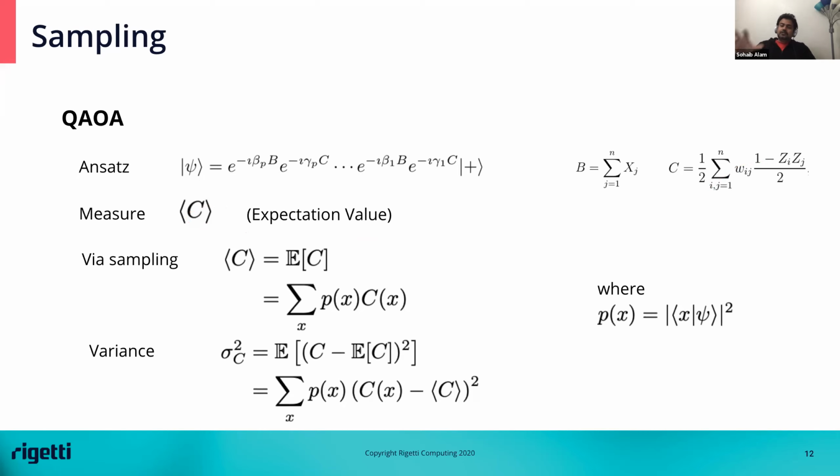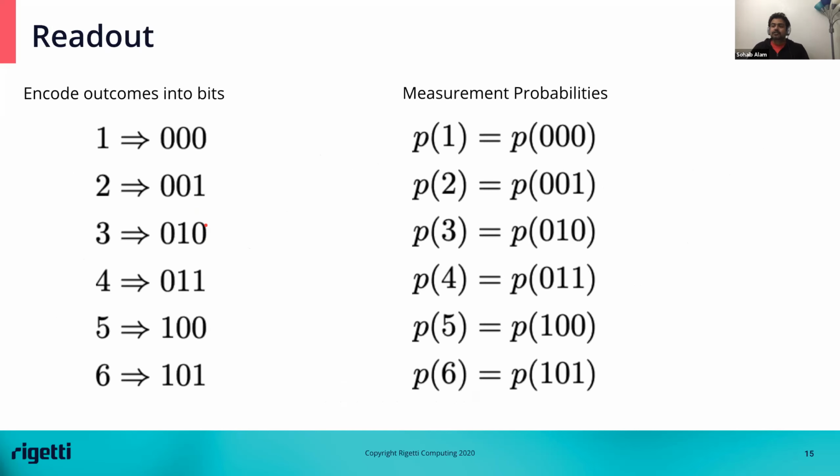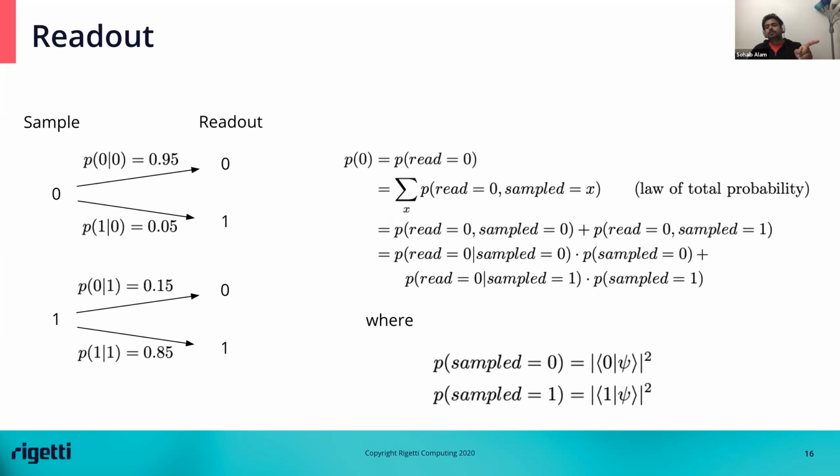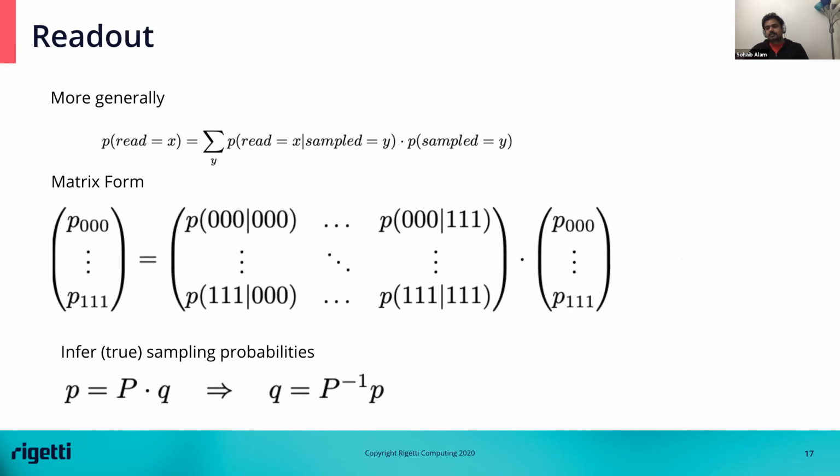But once you pick one quantum device to measure, say, one set of operators within your cost function or within this observable that we're calling C, then you're sort of committed to that device, right? And so in order to account and mitigate for the errors on that particular device, you have to know what the readout probabilities were on this particular device.